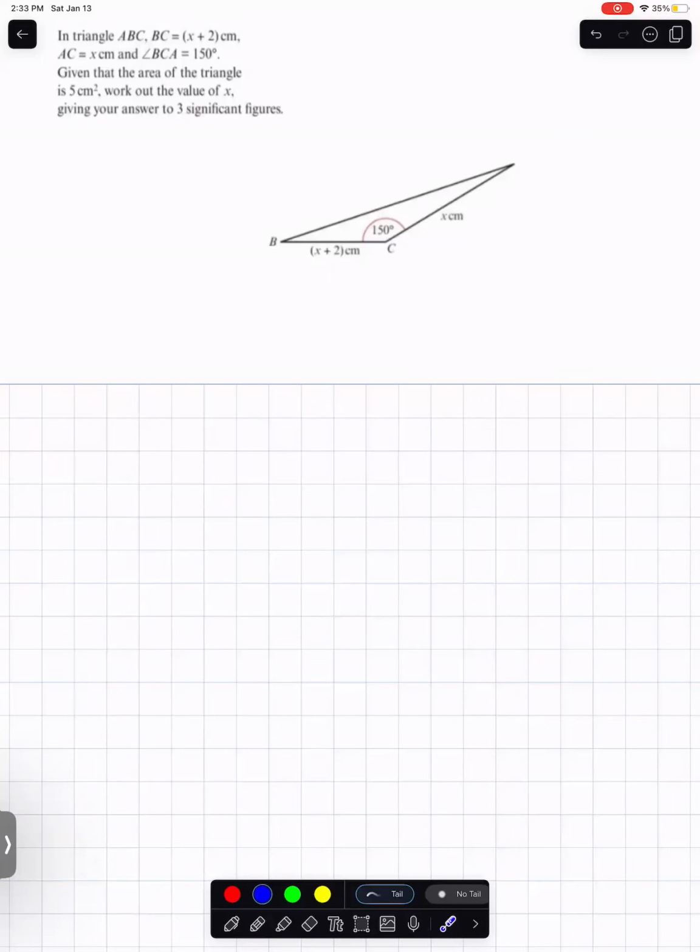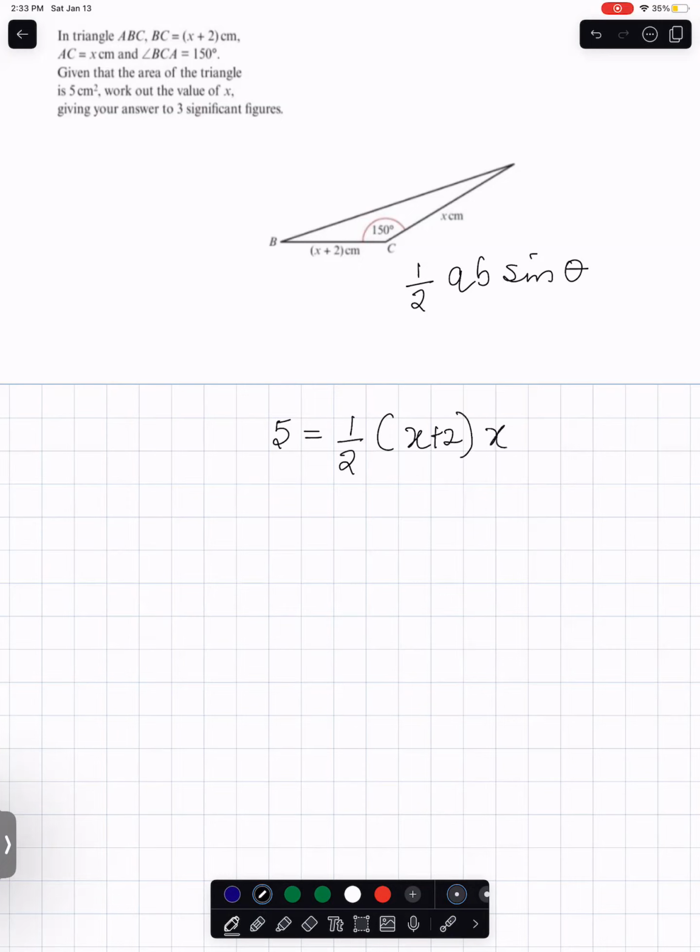We are still using our formula of half into a b sine theta. So the area of the triangle given to us is 5 cm squared. So I have 5 is equal to half our x plus 2 multiply x sine 150 degrees. So we have 5 equals, expand the bracket, that's x squared plus 2x, sine 150.